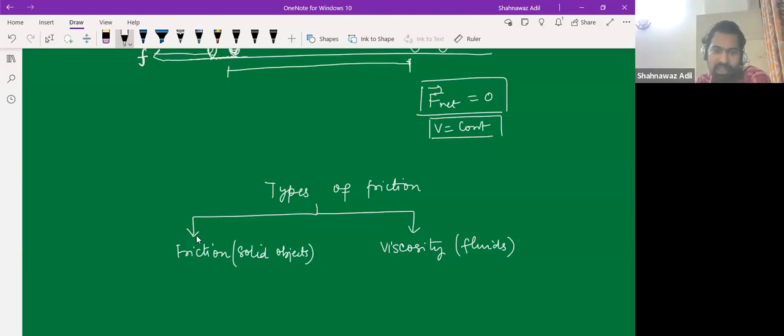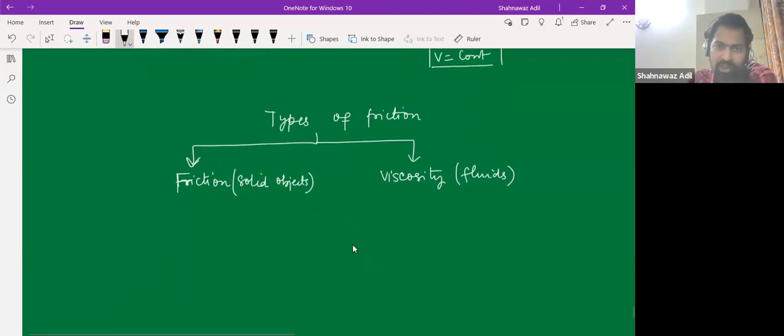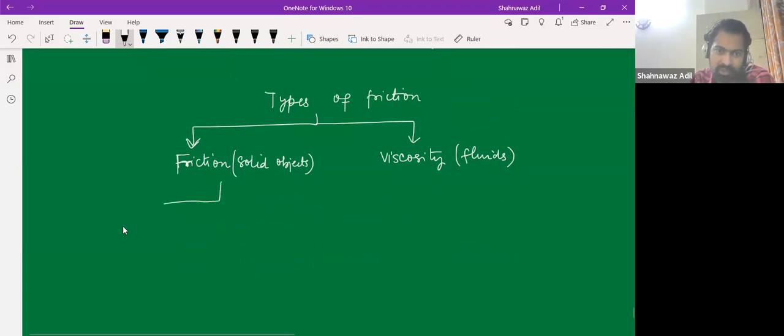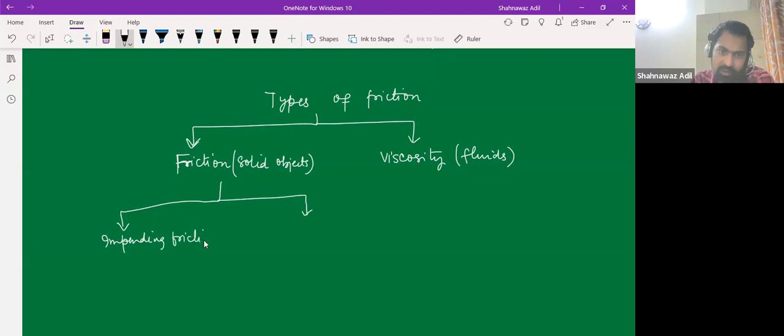And in the solid objects, you have friction, and this has also two types. One is impending friction, or sliding friction, and this is called the rolling friction.